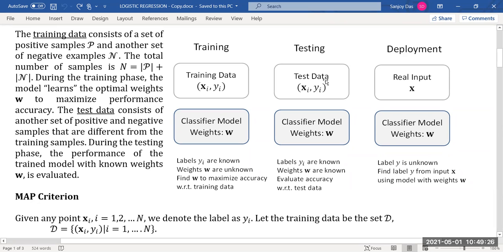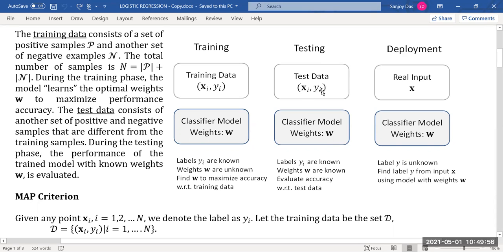This is the test data. Once W has been obtained from the training step, in the testing step we find how accurate the model is. Given this weight W, how accurately does the model predict yi from the test samples?